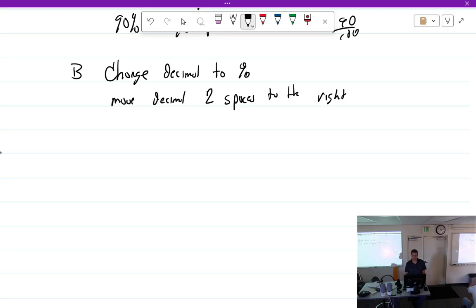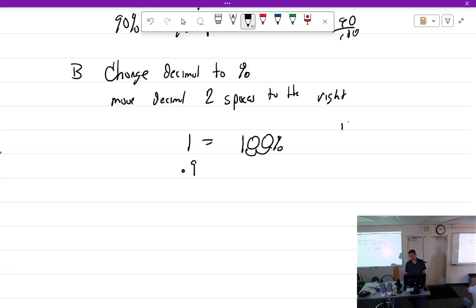So, what do I want to do here? 1 equals what percent? 1. To the right, 100, 100%. Why is it 100%?